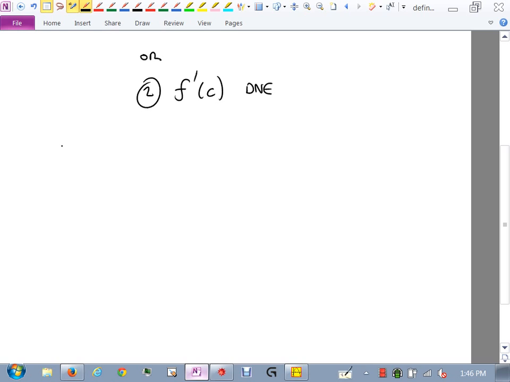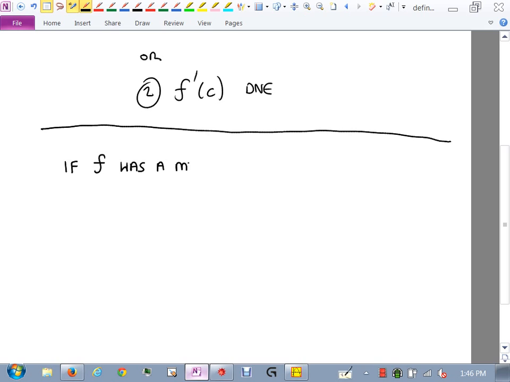It says this: if f has a max or min value at C, then C must be a critical number.